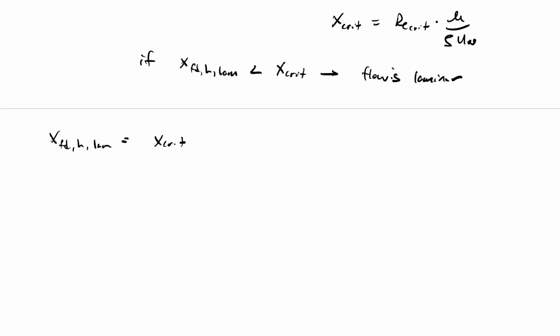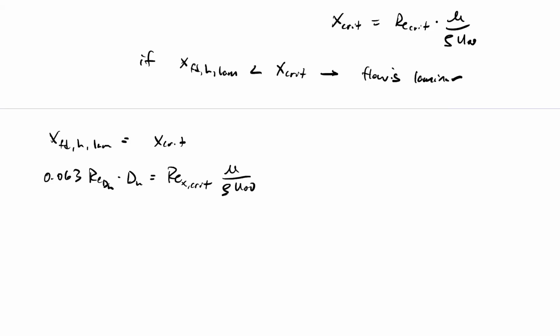Okay, so bringing in what we had before, 0.063 Re_DH times D_H is equal to X_crit, which was Re_X,crit times mu over rho U infinity.